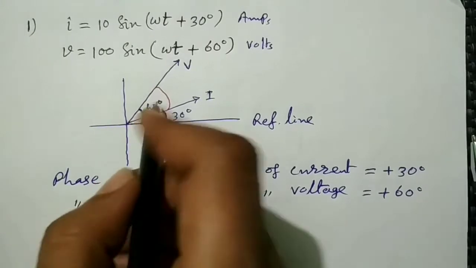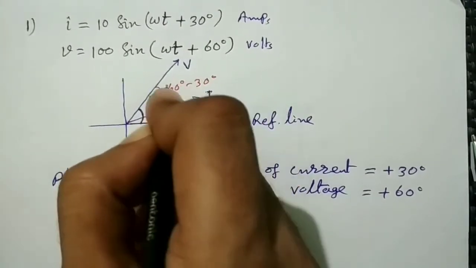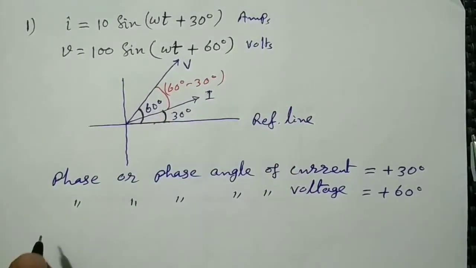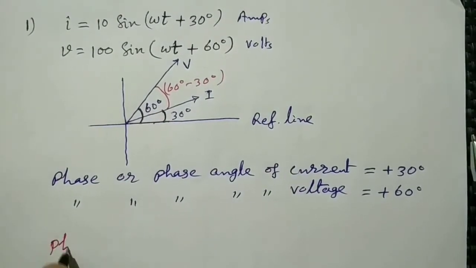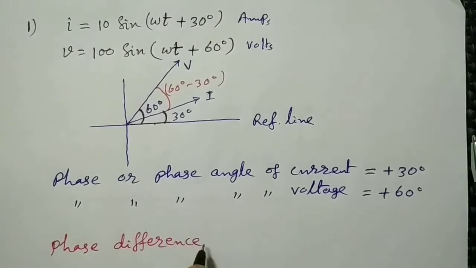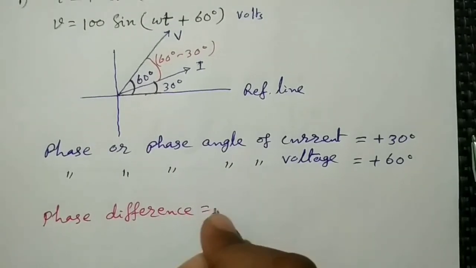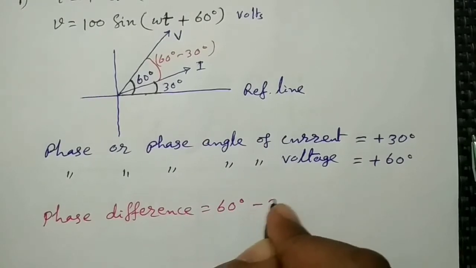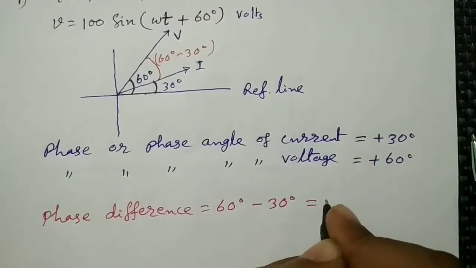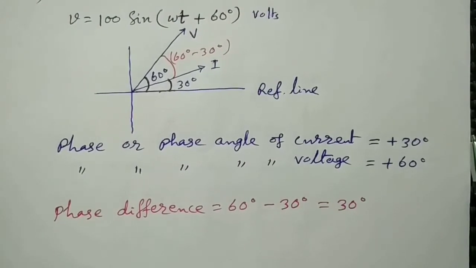Therefore, the angle between voltage and current is 60 minus 30 degree, and this is considered as the phase difference. So the phase difference between voltage and current is 30 degree here.